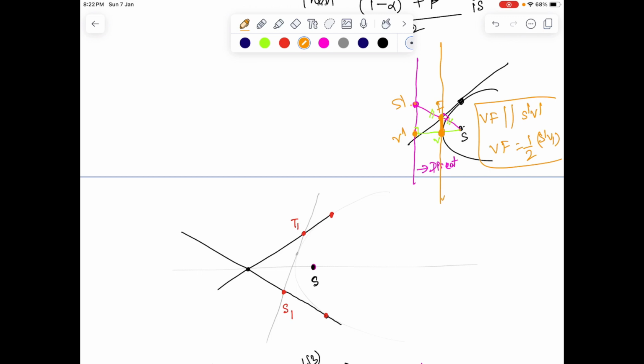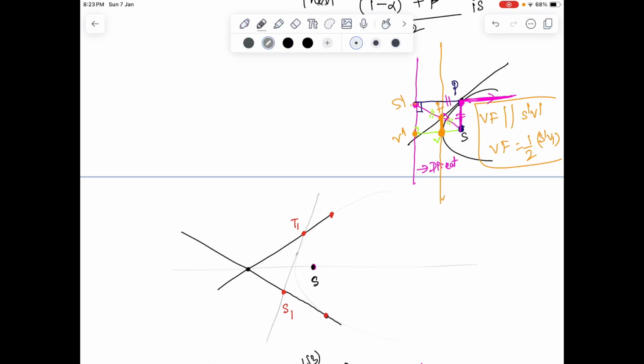You can also prove the image of the focus will be on the directrix from another perspective, just from the definition of the parabola. Let's say I connect S to the point P where the tangent is drawn, and I drop a perpendicular. I'm leaving that up to you, but you can see these two lengths will be equal. And from the reflection property of the parabola, a line parallel to the axis will reflect through the focus, and a line passing through the focus will go parallel to the axis.